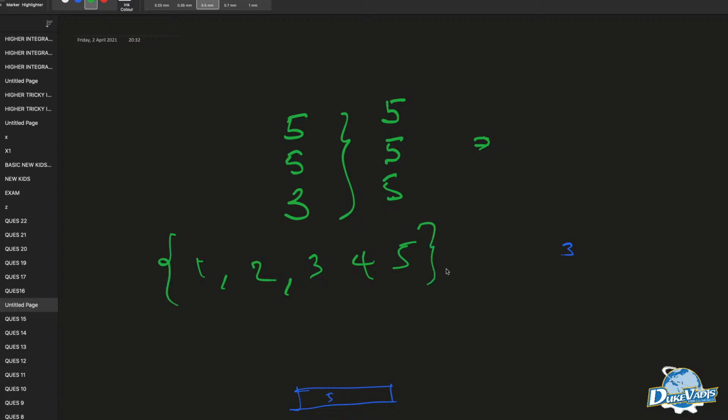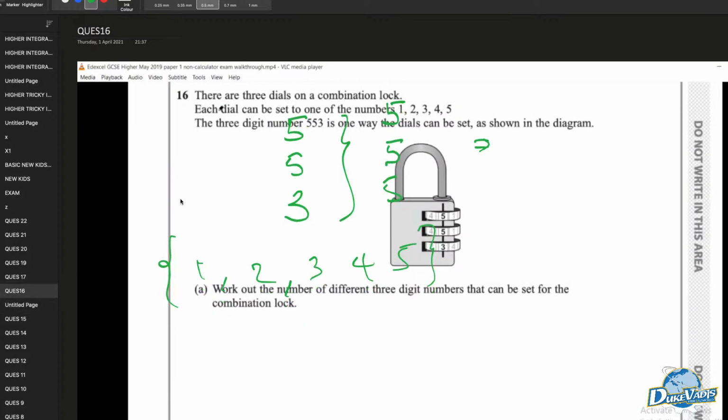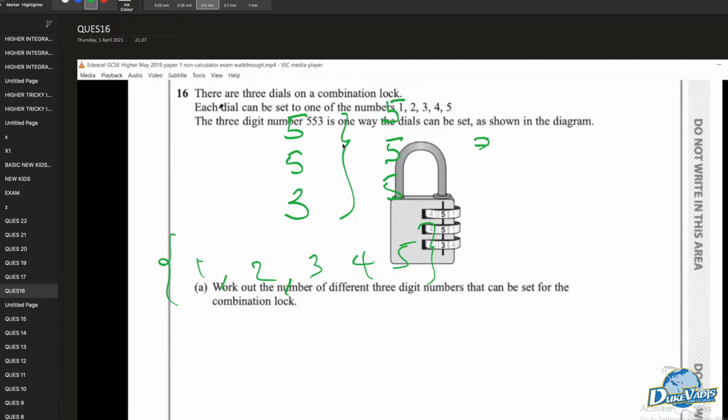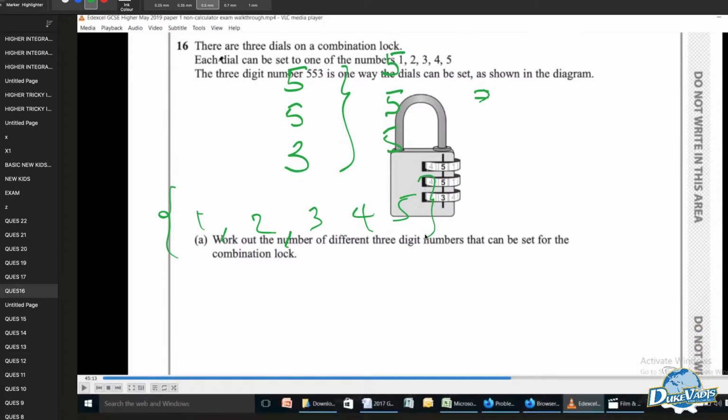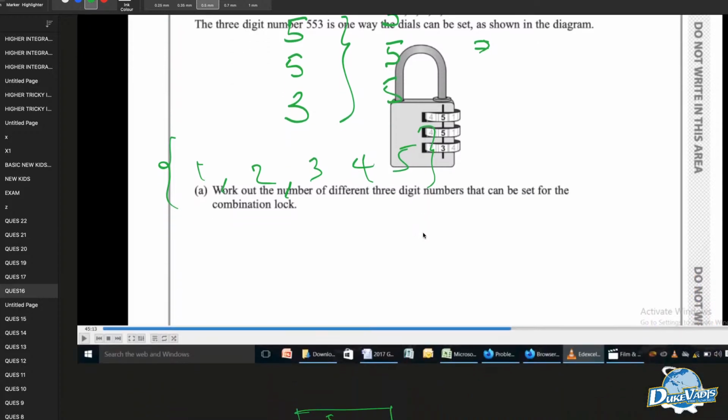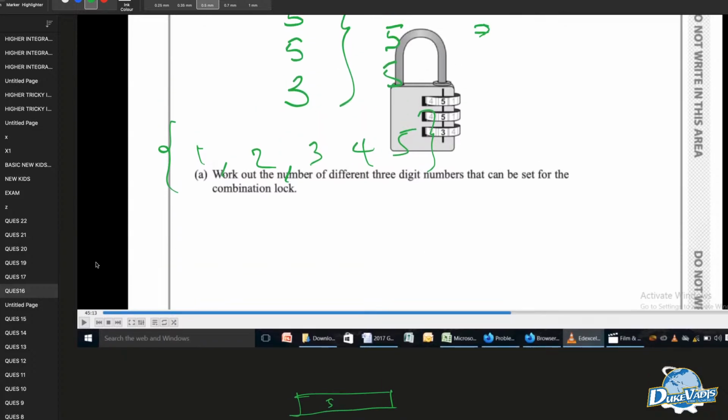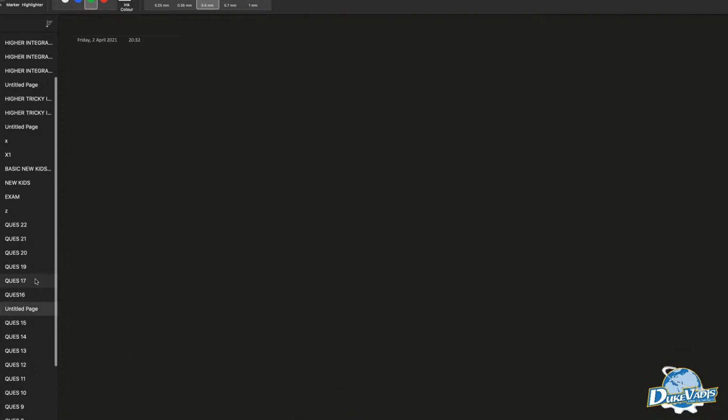So if we take from what we see in the diagram, the numbers given here, you see we have 553. So the possibility is either 5 on 5, or 4 on 5, or 3 on 5, or 1 on 5. You see, that's all possibilities.